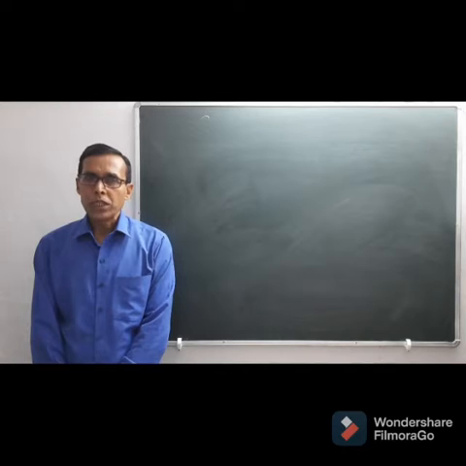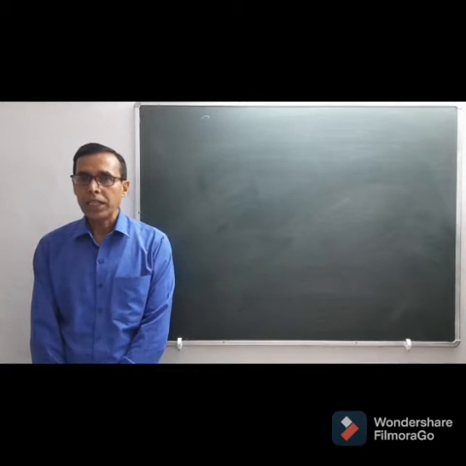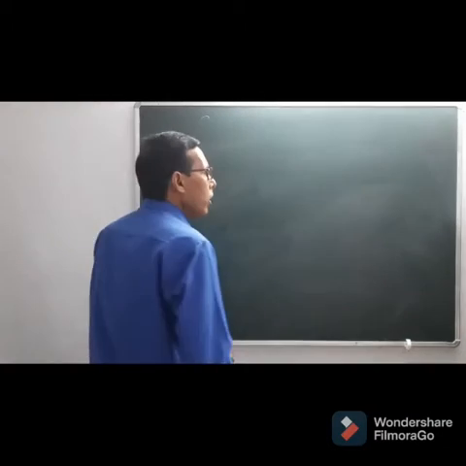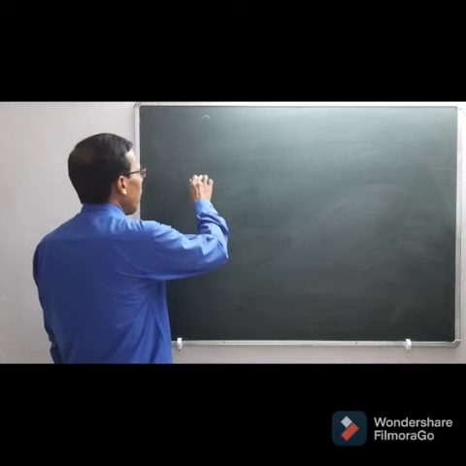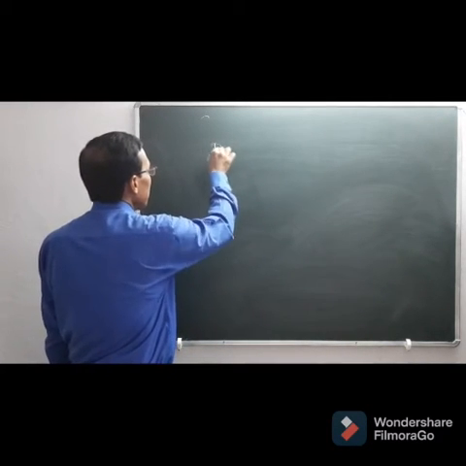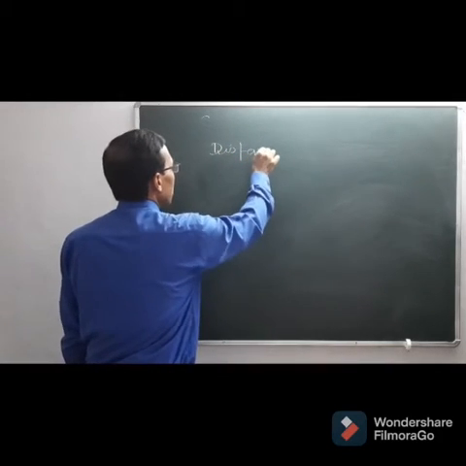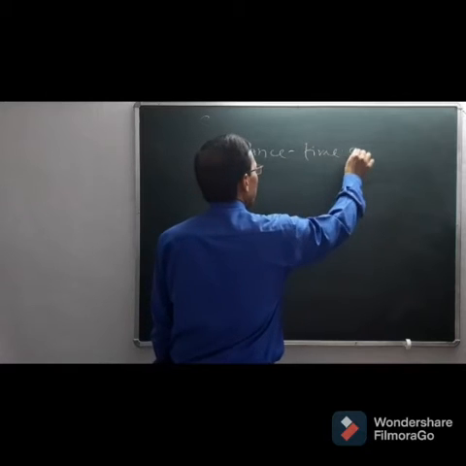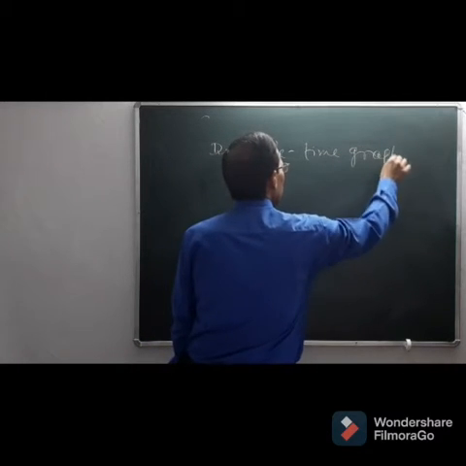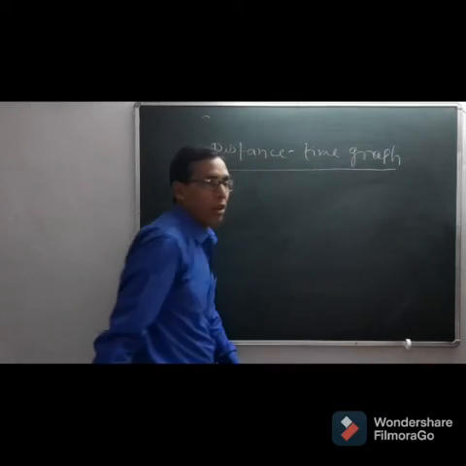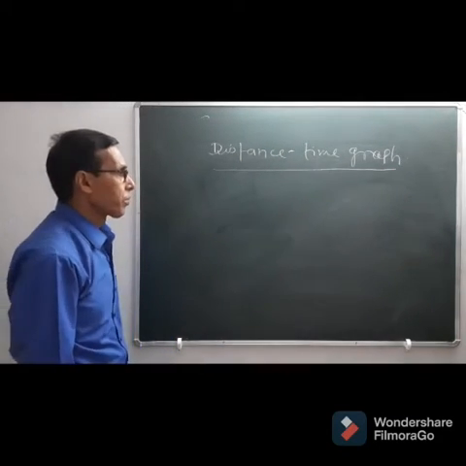Today I am going to discuss the topic graphical representation of a stationary object and moving object. For a distance time graph, when a body moves in a straight line in one direction, the motion of the object is said to be one-dimensional or linear motion.